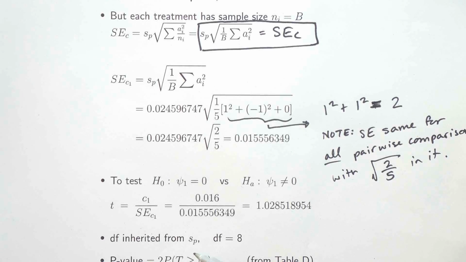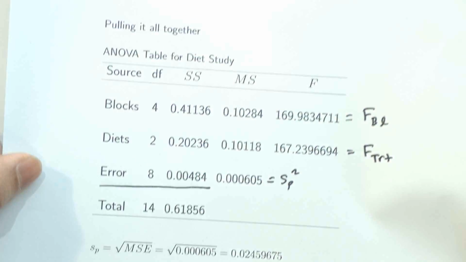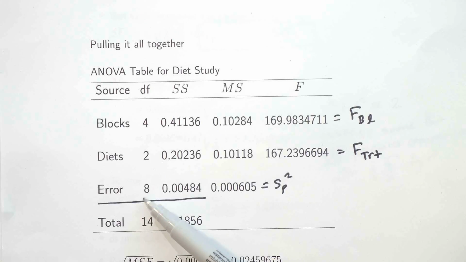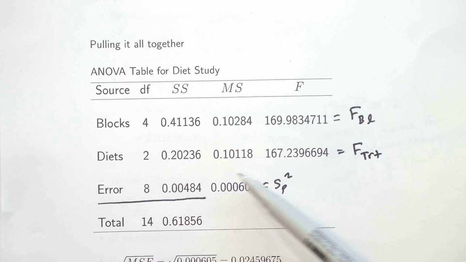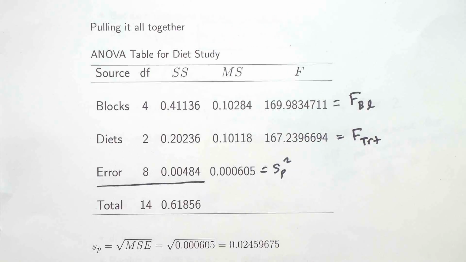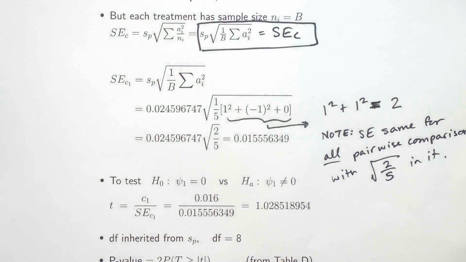So if we look back at the ANOVA table for these data, it's on page 131. Then we can see that there were 8 degrees of freedom, and the square root of this value was our standard deviation down here, on 8 degrees of freedom.